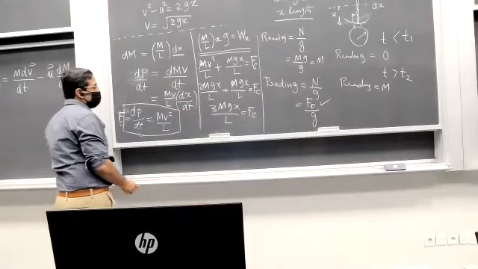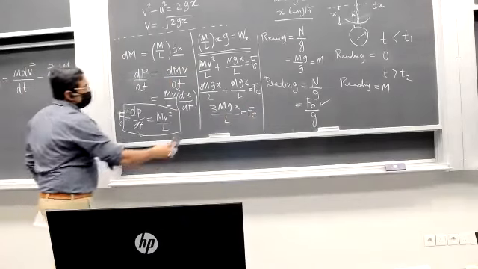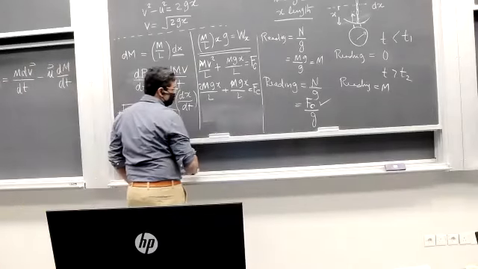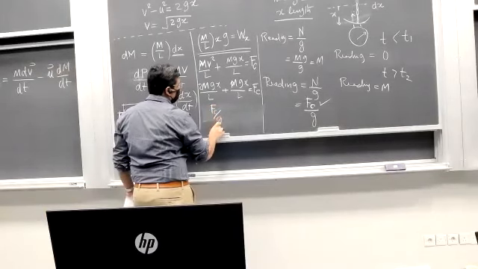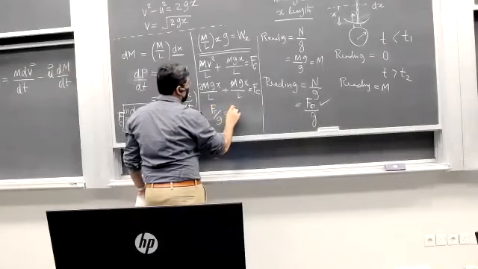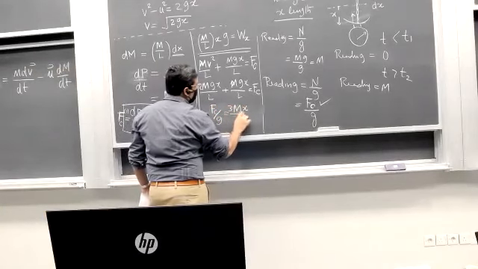And the reading on the scale would be Fc over g, which is 3mx over L.